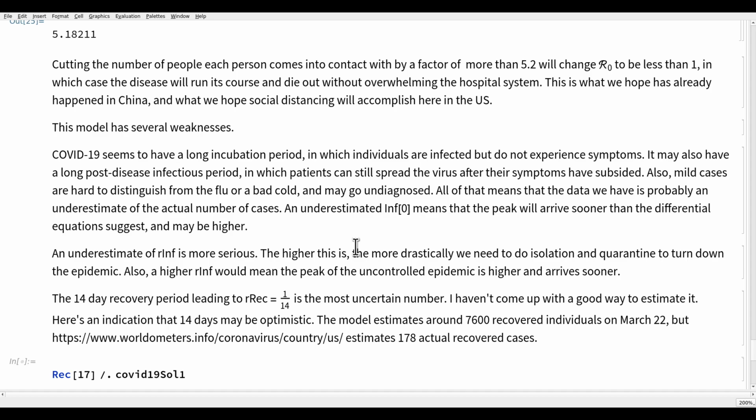Another complication is that there may be a lot of cases that are going misdiagnosed. For example, if someone has low fever and a sore throat and a cough, they might be diagnosed with the flu or with a bad cold and be out for a few days and not even realize that they had the COVID-19 virus.